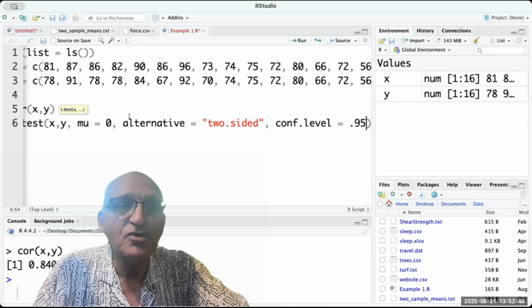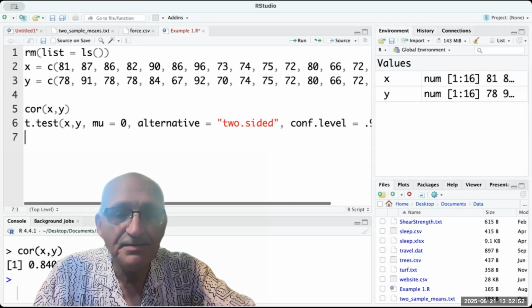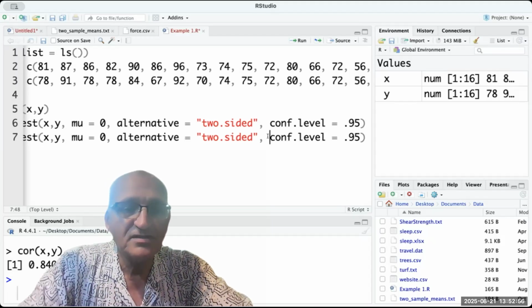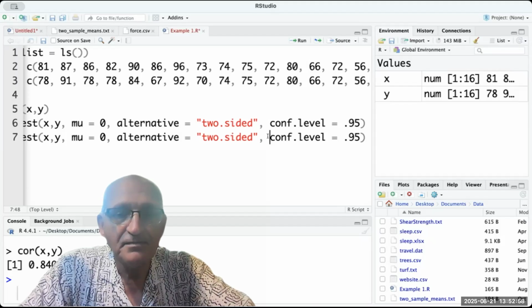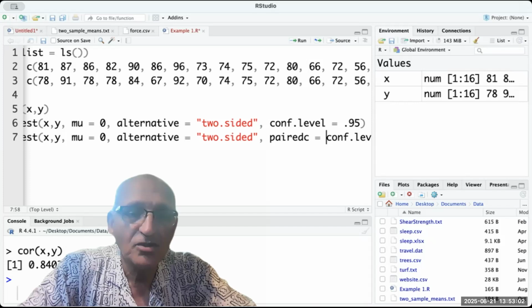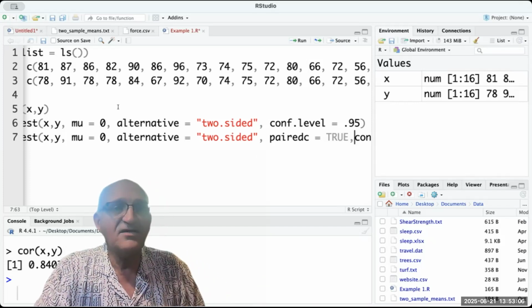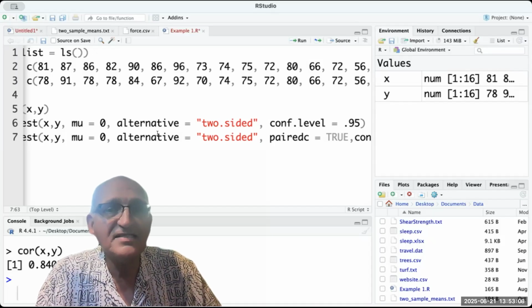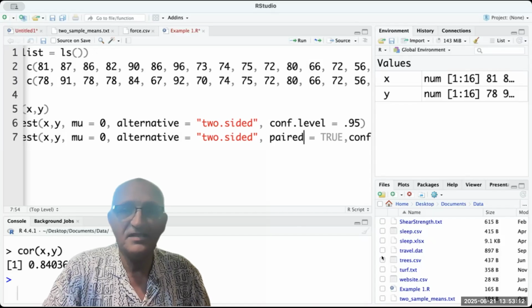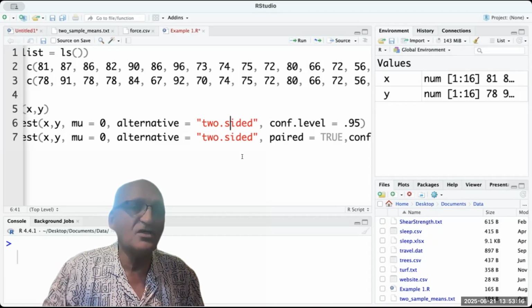And then I'm going to copy this and paste it here, but I'm going to go somewhere and say paired equals true. So I run it once as a regular two-sample t-test and once as a paired test, meaning independent on the first, dependent on the second.